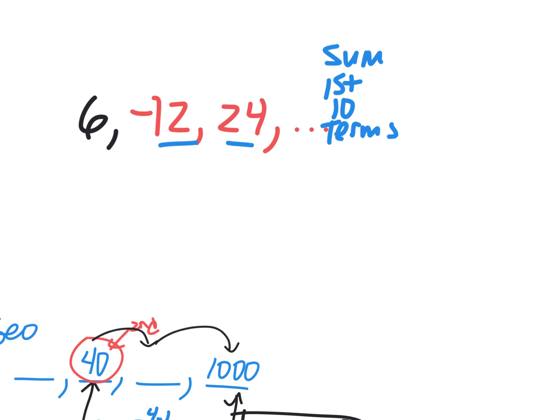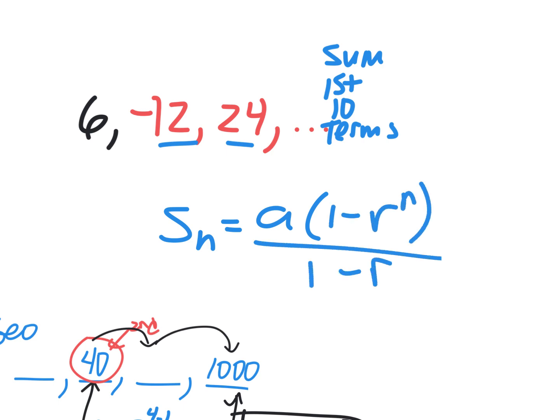Okay, so I would have used, for the geometric, S sub n is equal to A times 1 minus r to the n over 1 minus r. And now I'm going to put in everything I know. I know A is 6. And then r is -2.